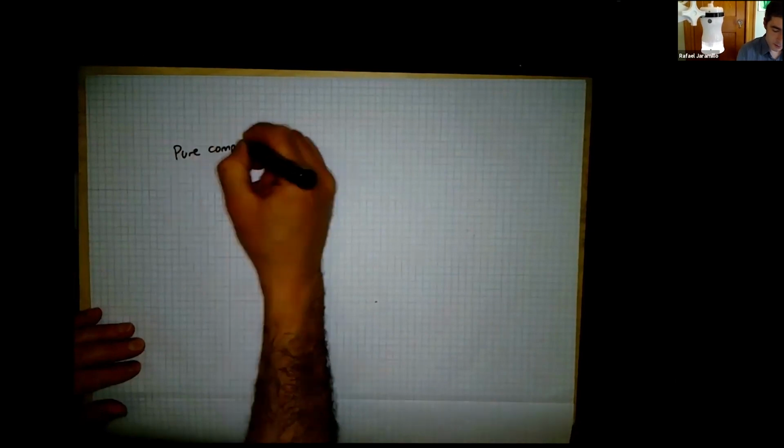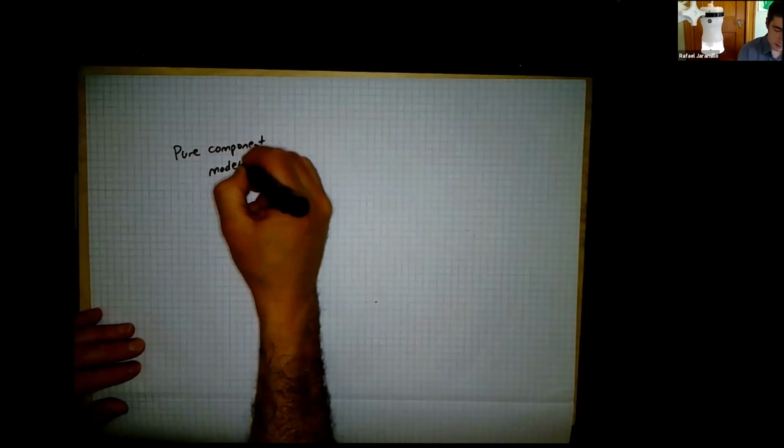So to pull way back, we have pure component models. We have solution models.